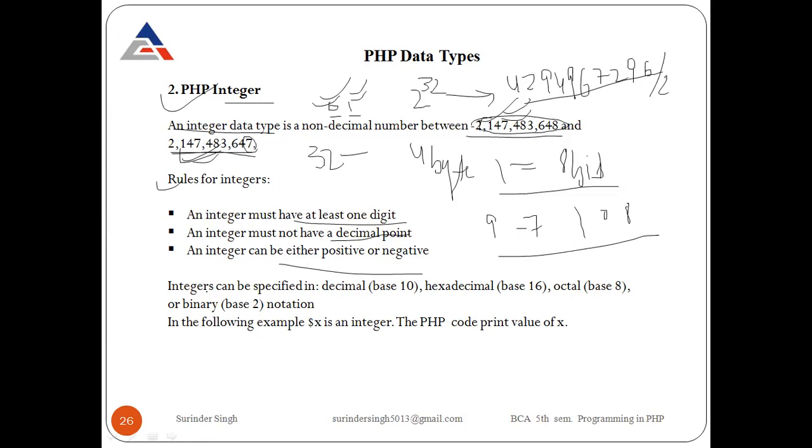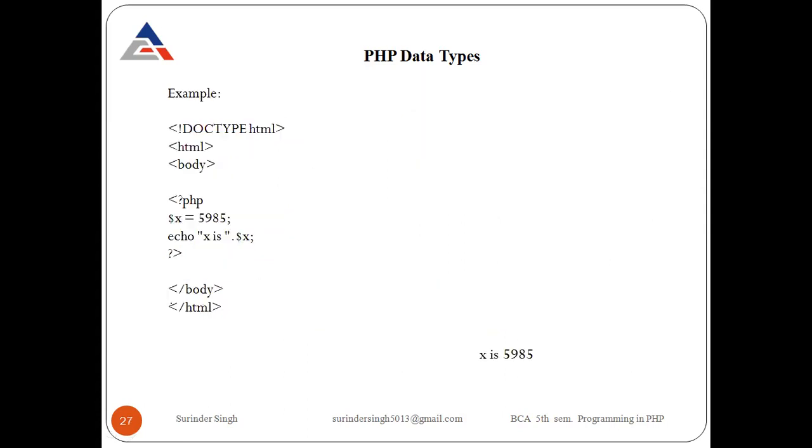And integers can be specified in decimal, hexadecimal, octal, or binary. You can convert any integer value into another number system like hexadecimal, octal, or binary. And now this is an example of integer data type.